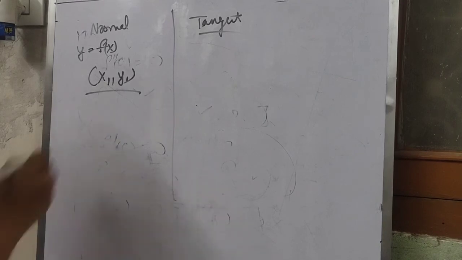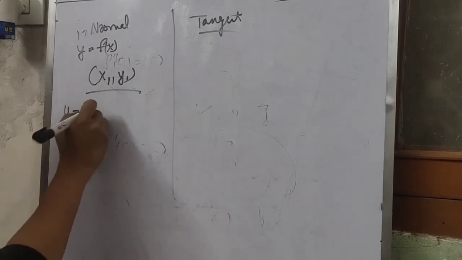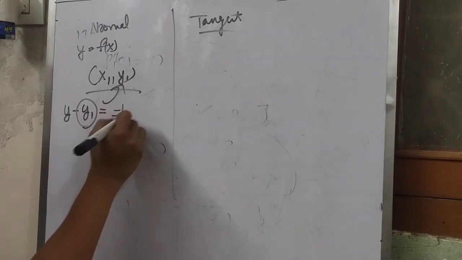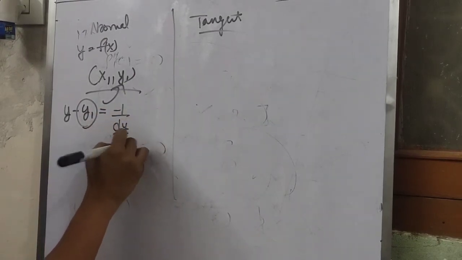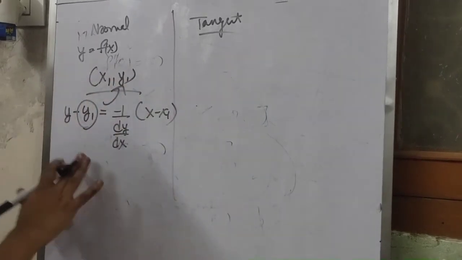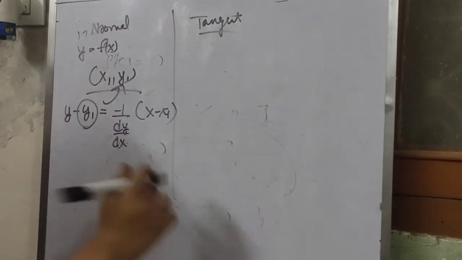My equation of normal becomes y minus y1, where y1 is this point, equal to minus 1 upon dy by dx times x minus x1. You will solve this equation and you will get the equation of the normal.